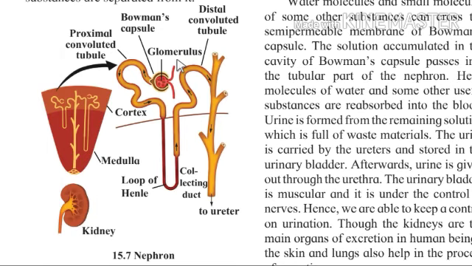Now this Bowman's capsule continues to form a convoluted, folded, elongated part, and reaches up to the collecting duct. This part is called the proximal convoluted tubule, near the glomerulus. This is the loop of Henle, and then this is the distal convoluted tubule, the end part, and then it continues into the ureter.